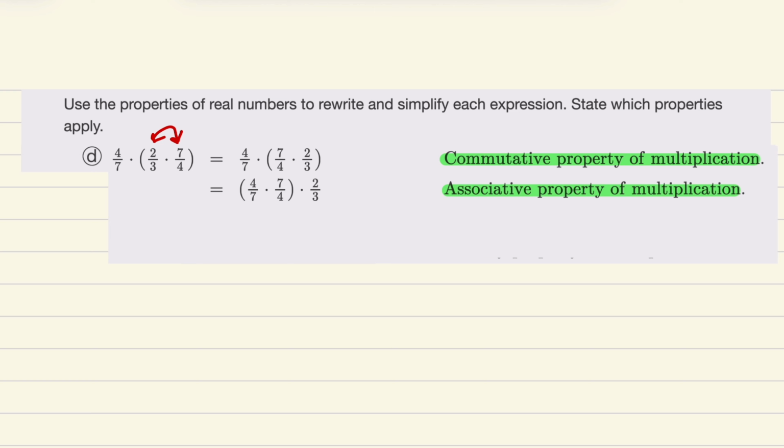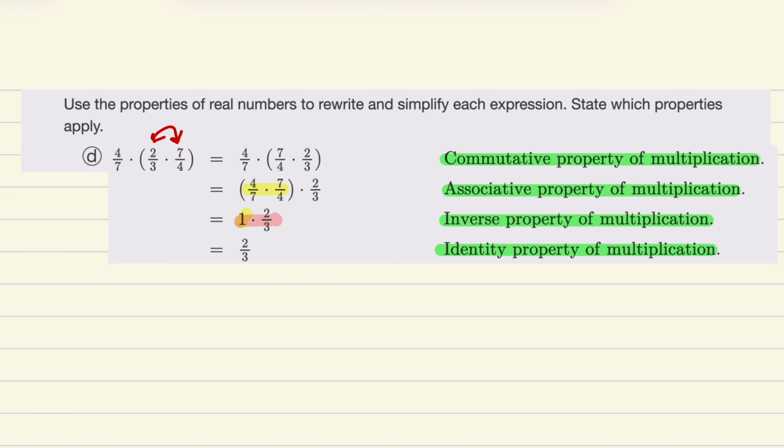And from here, I can see I have 4/7 times 7/4 inside the parentheses, where I would need to begin. 4/7 times 7/4 is just 1. This is based on the inverse property of multiplication. One last operation here, multiplying by 1, just gives me that number. And the property there is the identity property for multiplication.